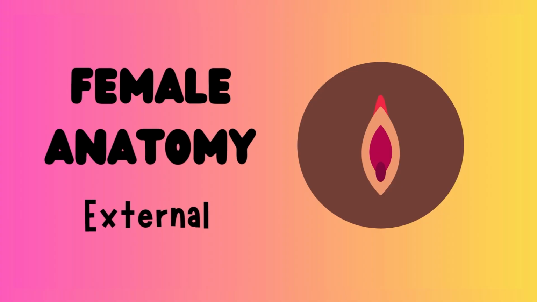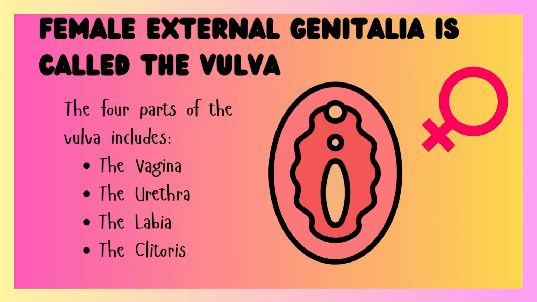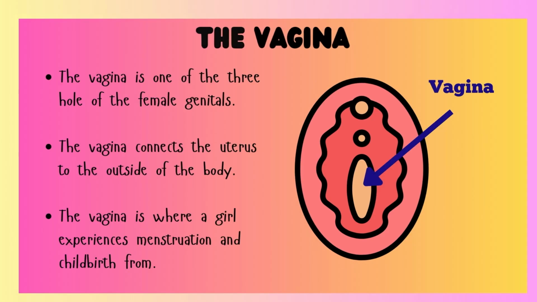We are going to start by talking about female external genitalia. The female external genitalia is called the vulva and consists of 4 parts. The 4 parts of the vulva include the vagina, the urethra, the labia, and the clitoris. The vagina is one of the 3 holes of the female genitals.